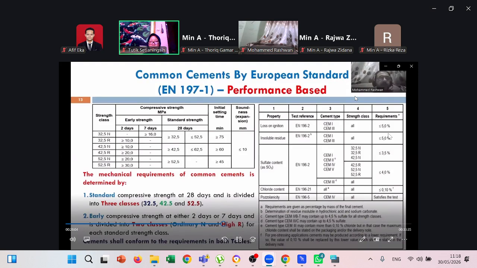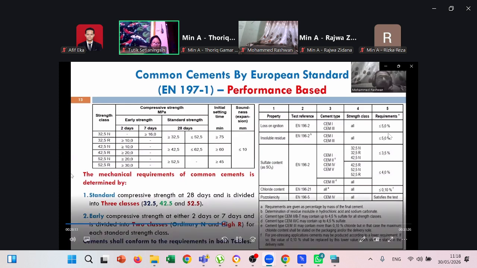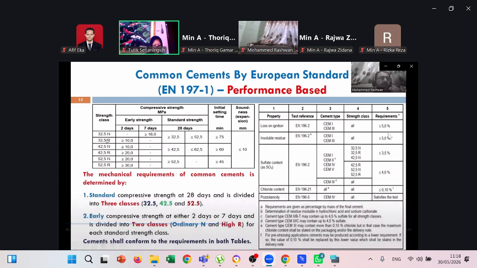In this respect, the cements are classified in two classes: ordinary class N and high early strength class R. That means there are 6 strength classes: 32.5 N and 32.5 R, and so on. And this is according to the strength at early ages, like 2 days and 7 days, especially 2 days.